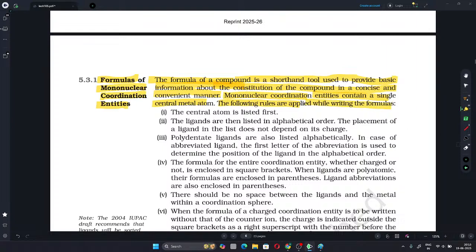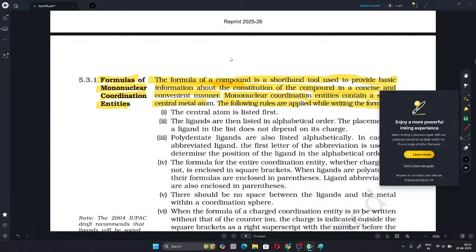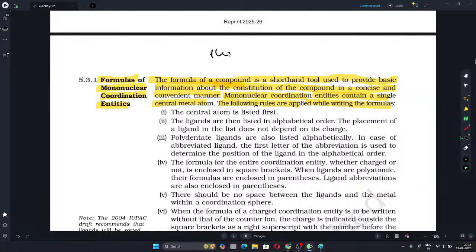When the CMI, the central metal ion, is 1 in number, these are mononuclear coordination compounds.